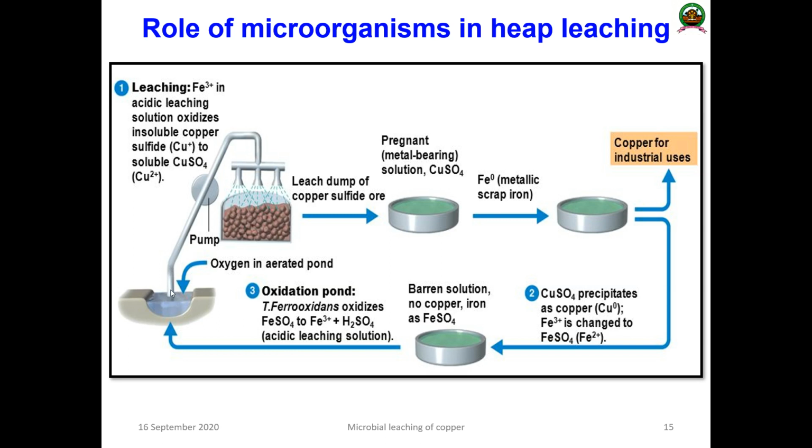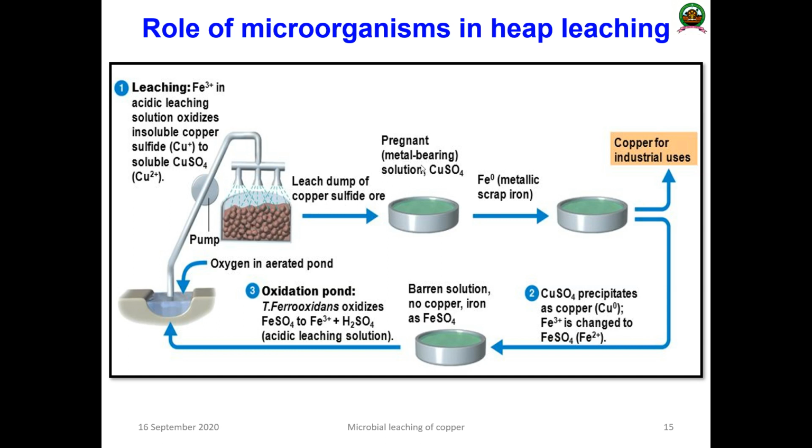Okay, and here you can see this is the oxygen generated pond, the leachate. Here sulfuric acid will be sprinkled. This is the heap, whatever I have told, and the leach dump of the copper ore, where sulfuric acid will be sprayed, consisting of copper sulfate.